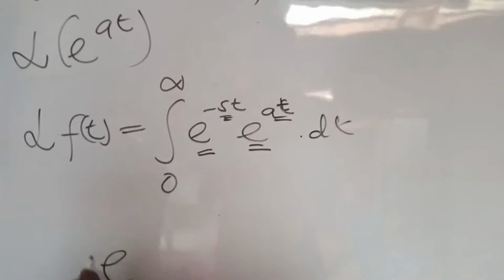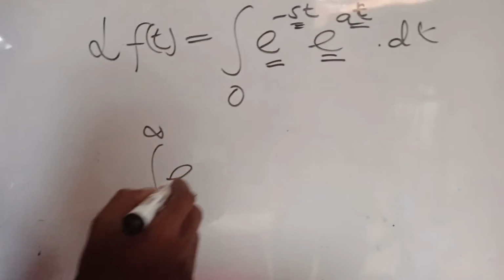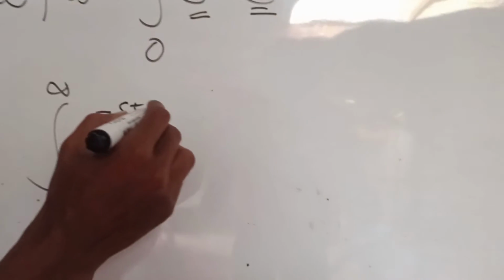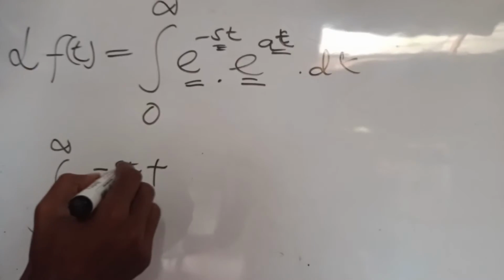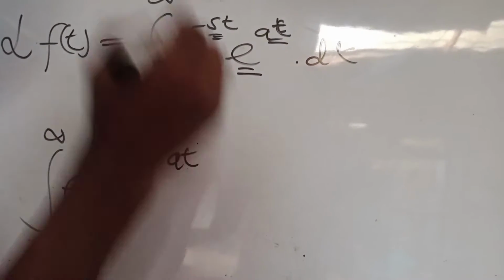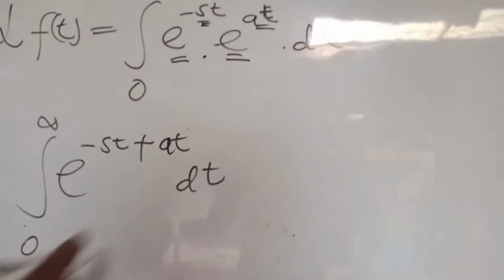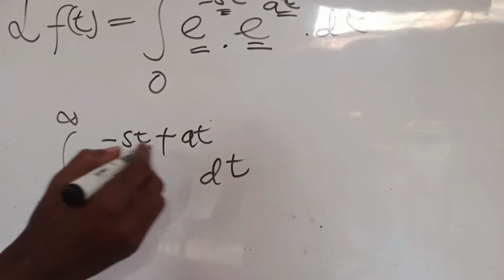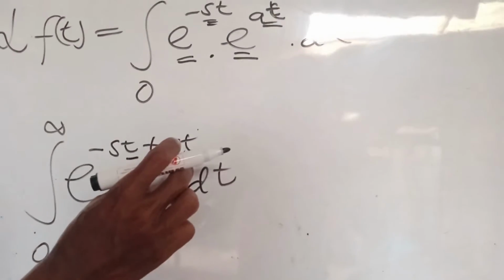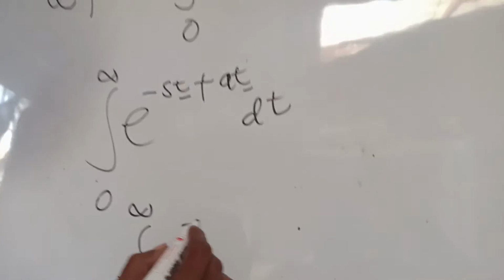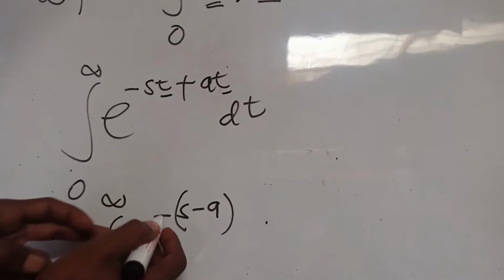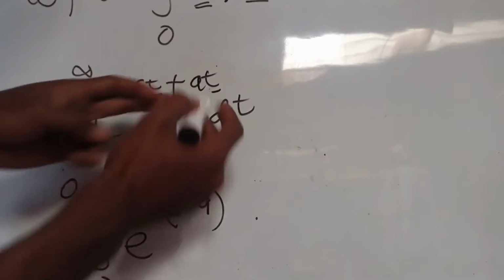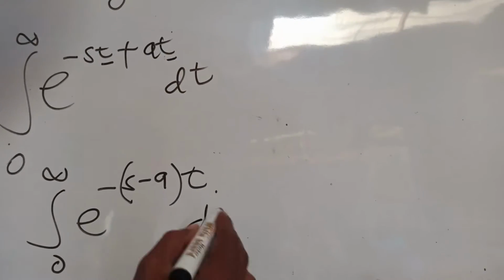So we can rewrite that expression as e raised to negative st plus at dt, because this is multiplication. And because we are adding, we see that there is a t which is common amongst these values. Now we can say, integrating from 0 to infinity, e raised to negative s minus a. We've removed the negative outside, so that when you multiply negative by negative, you get positive. And we put the t outside, then we write dt.